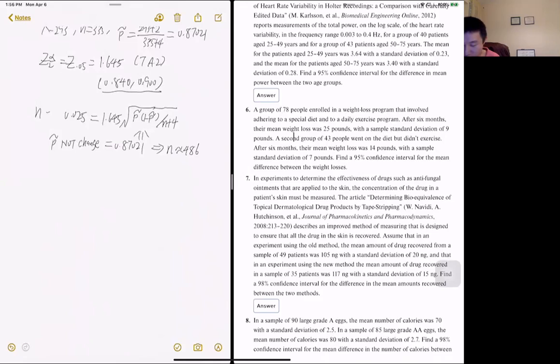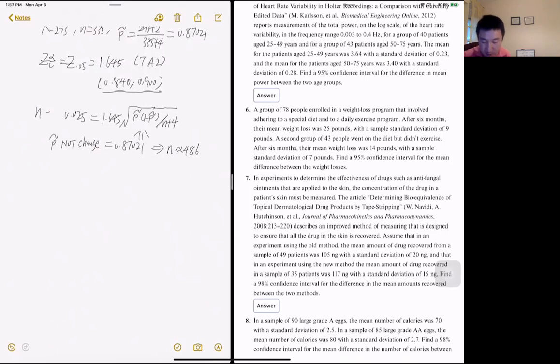A second group, 43 people, went on the diet but didn't exercise, and after 6 months the mean weight loss is 14 pounds with another sample standard deviation, 7 pounds. Okay, so it's asking for a 95% confidence interval for the mean difference between weight loss. So this is a confidence interval for the difference between two means.